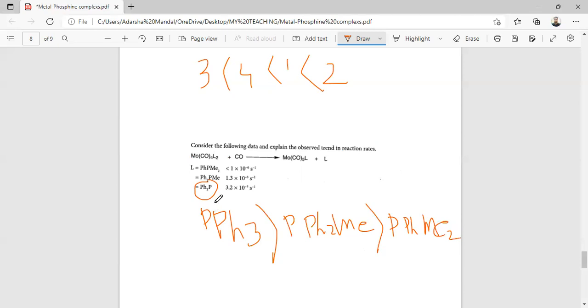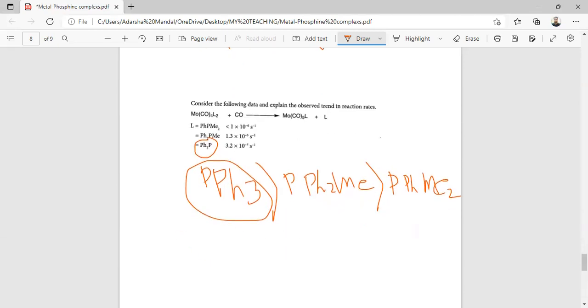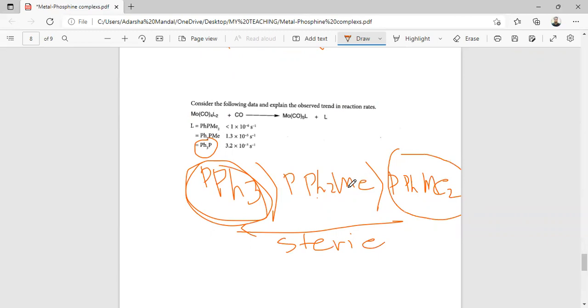So PPh3 has more steric bulk compared to the other two. With increasing steric bulk, the ligand dissociation will be more favorable. So that's why the rate is more for this and the rate is less for PPhMe2.